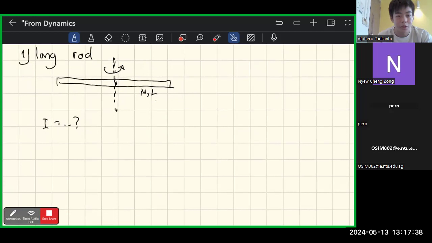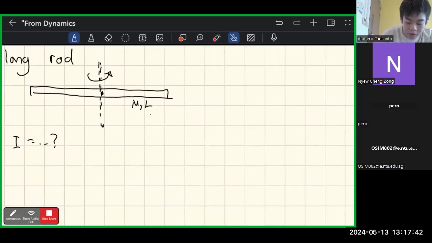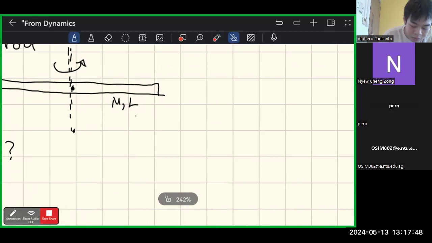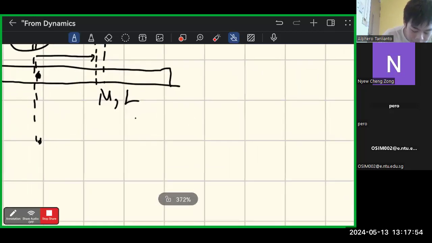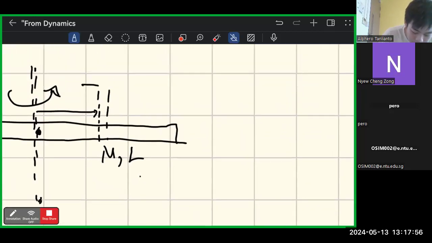So to calculate the moment of inertia, we have to integrate all of the mass in this rod with respect to this axis. If you take a very small mass here, which we can call dm, and it has a length of dx.